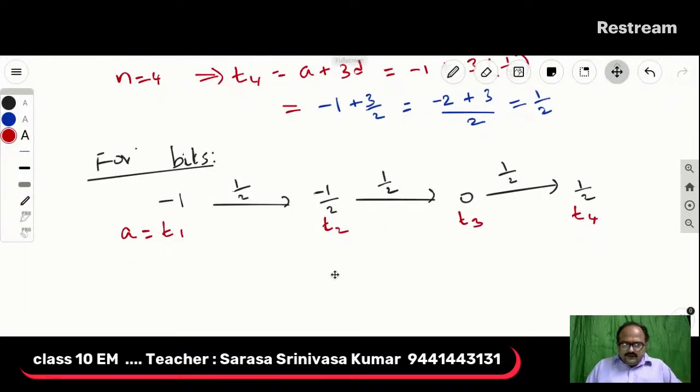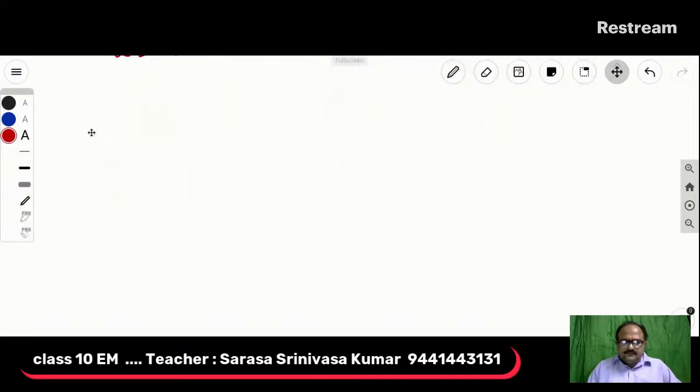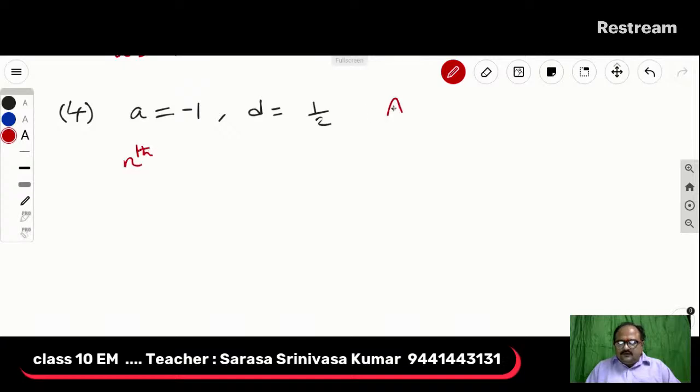Now we consider the next problem, the fourth problem. A equal to -1, D equal to 1 by 2. We write the nth term formula. This is an arithmetic progression, so we are talking about arithmetic progression only.